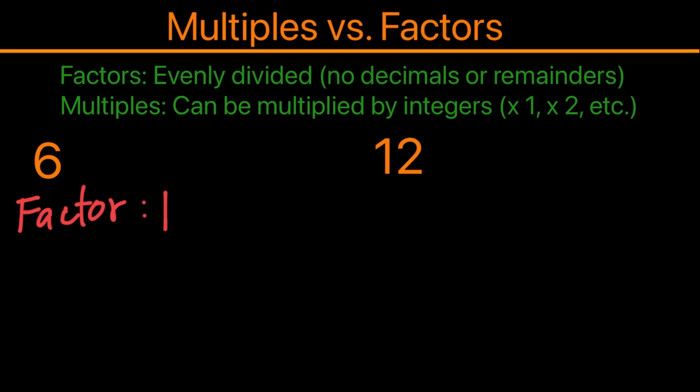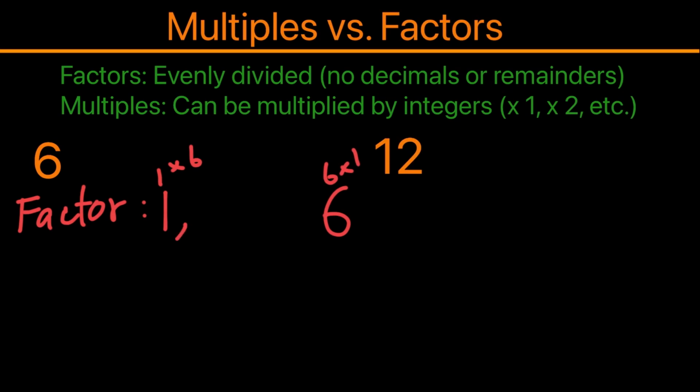And then we would put the number itself at the end. Because 1 times 6 would be 6, and 6 times 1 is 6. So right off the bat, we will already have the first number and the last number. And now we would need to find the middle numbers.